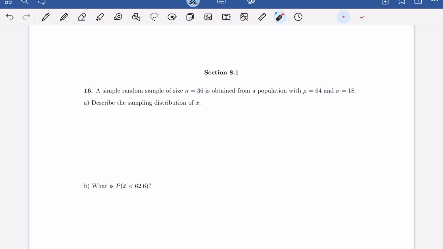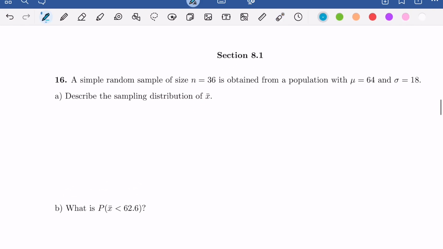So for question 16 here, a simple random sample of size 36 is obtained from a population with mean 64 and standard deviation 18. For part A, we want to describe the sampling distribution of the sample mean. Our sample mean is given by this X bar here.